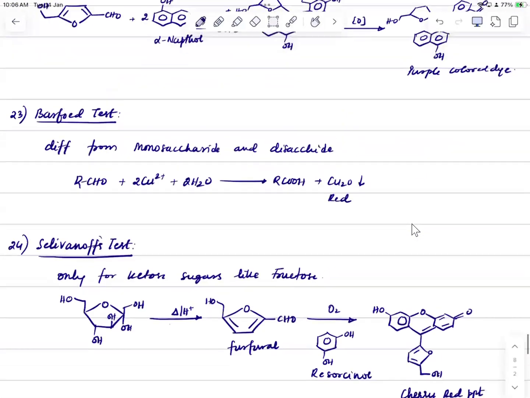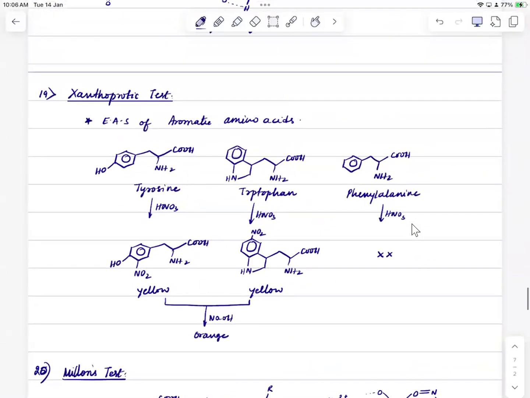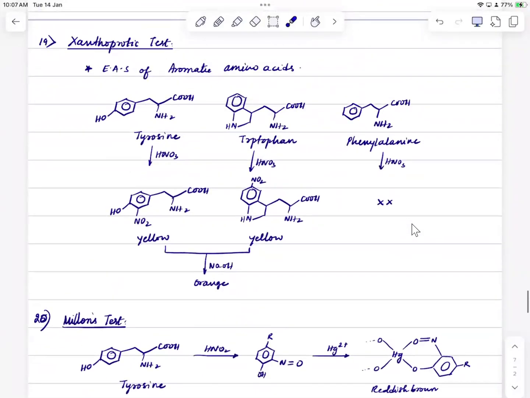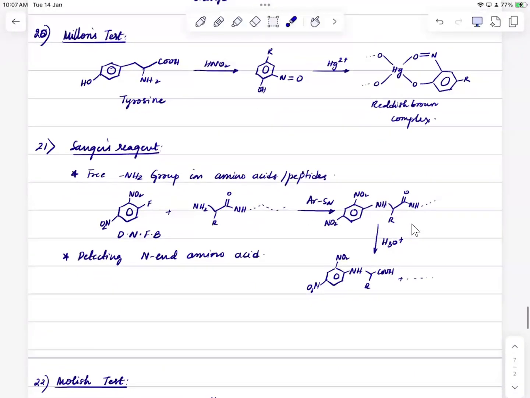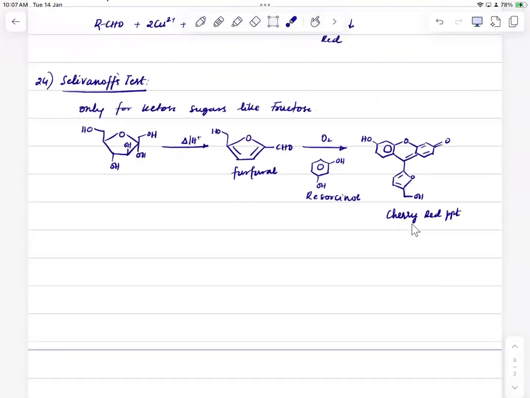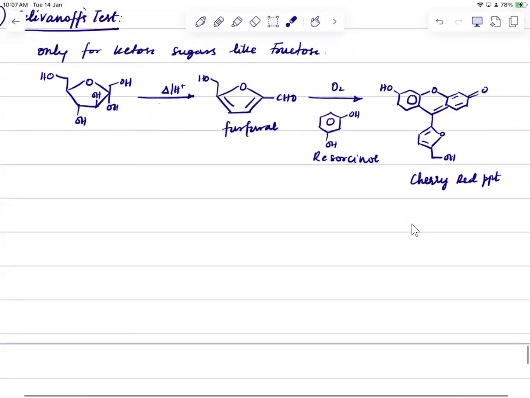See, for these reactions, whatever I am writing, only one time there was a question asked based on the Ninhydrin structure, the last structure. Just last year it was asked. That's it. Mostly these reactions, like Xanthoproteic test, Millon's test, Molisch test, Seliwanoff test, are not particularly asked with the reagents, what exactly it is, or what is the structure. You just need to identify which type of carbohydrates you are dealing with. That's it. As long as you are aware of that, that is good enough.